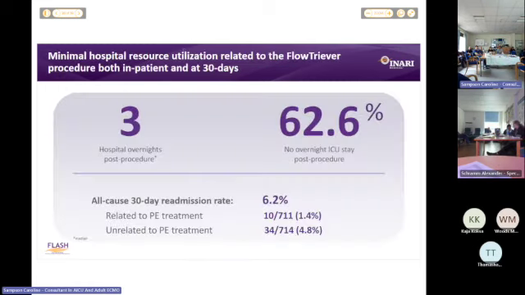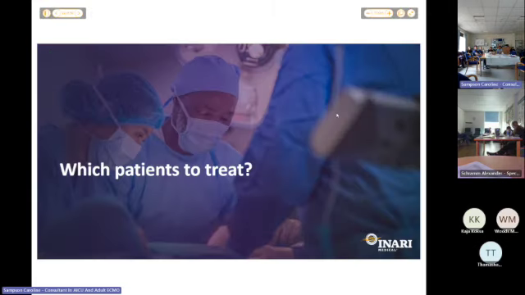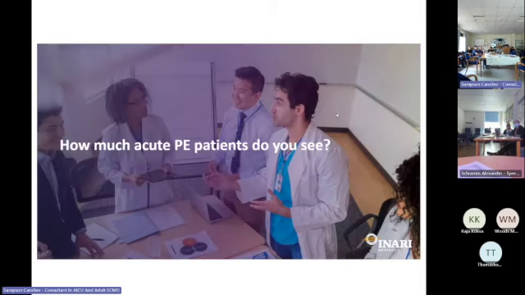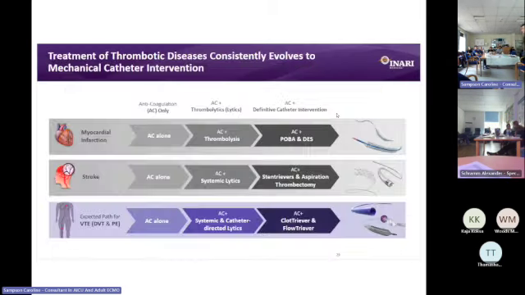Minimal hospital resource utilization because of the FlowTriever. The all-cause 30-day readmission rate is quite low with the use of the device. And in 2/3 of patients, there was no overnight ICU need. So just skip to these ones.